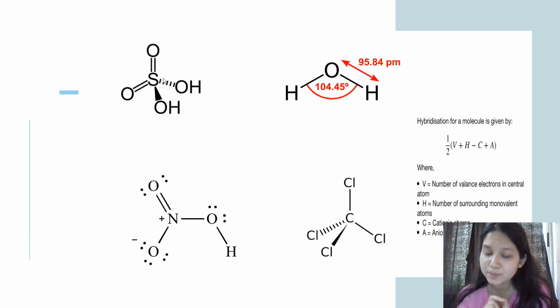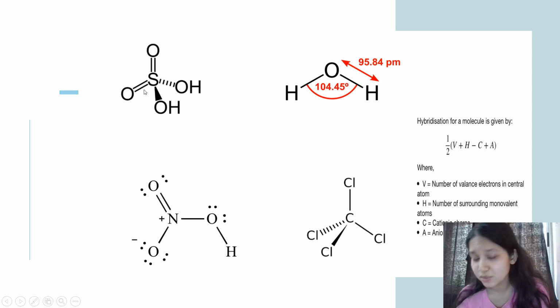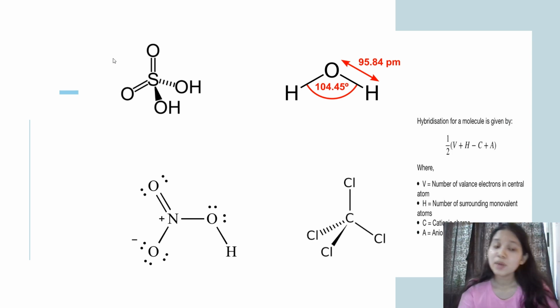Whatever atom in the molecule forms the maximum number of bonds will be your central atom. Like for example, in nitric acid, it will be nitrogen. So here also you have to choose sulfur as your central atom, and then find out the hybridization of H2SO4. So now let us try to find out the hybridization of H2SO4.